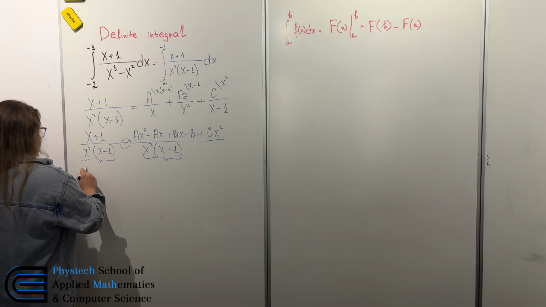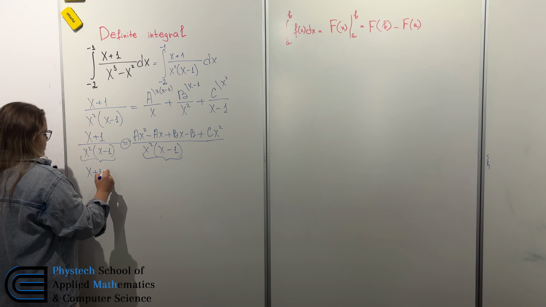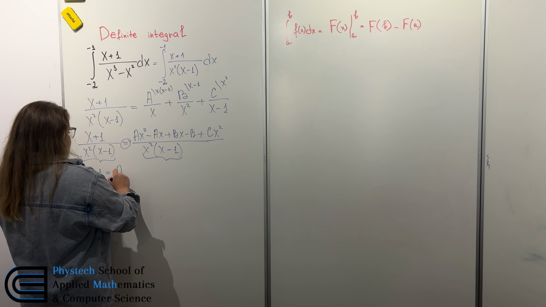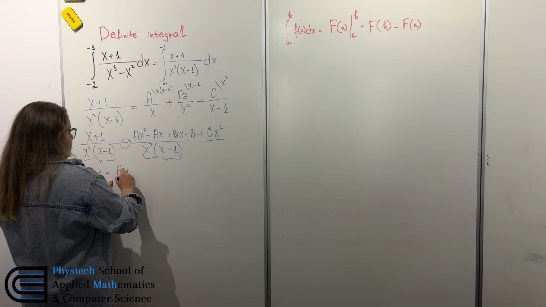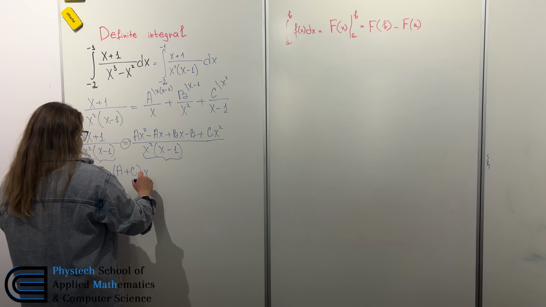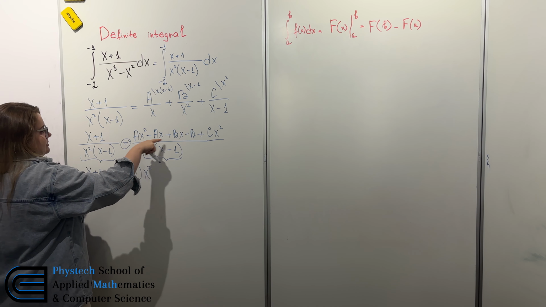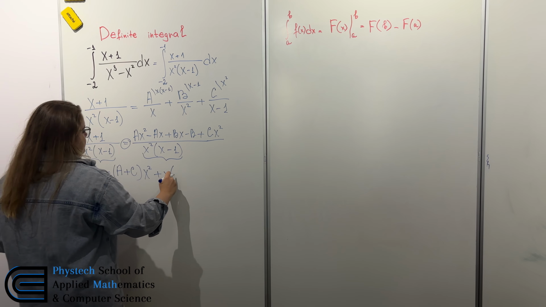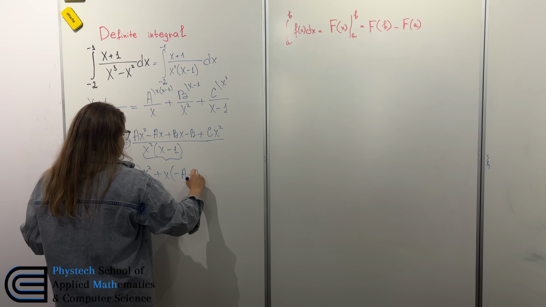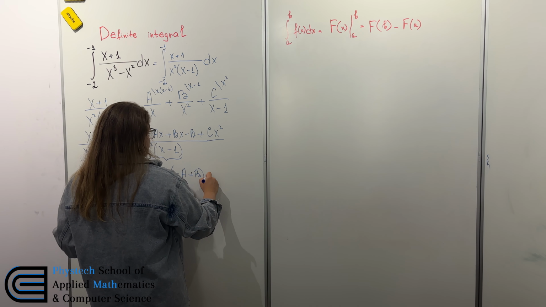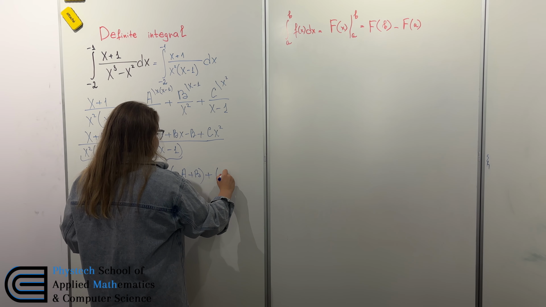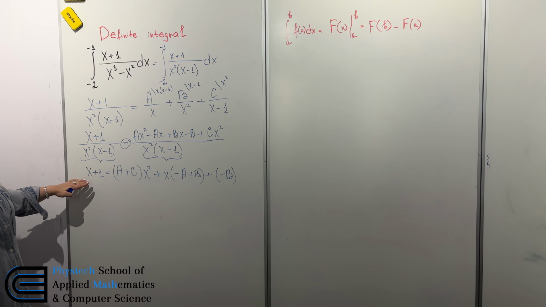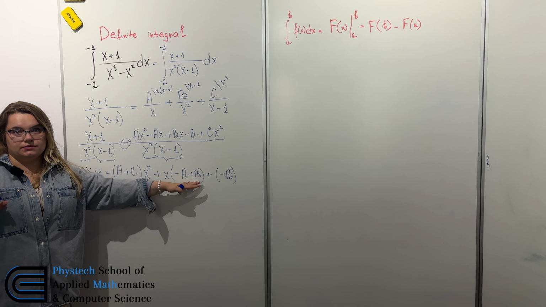That means that our x plus 1 should be equal to (a plus c), let's write it like this, multiplied by x squared, then plus x multiplied by (minus a plus b), and plus what? Minus b. It's only for convenience.